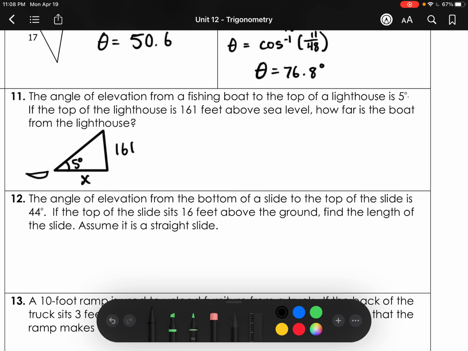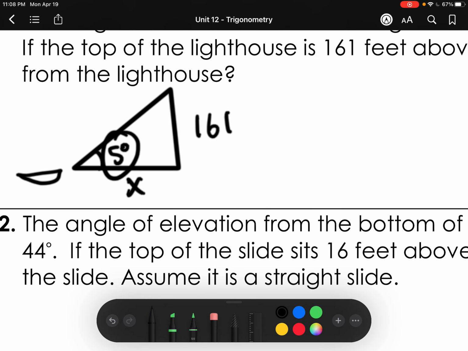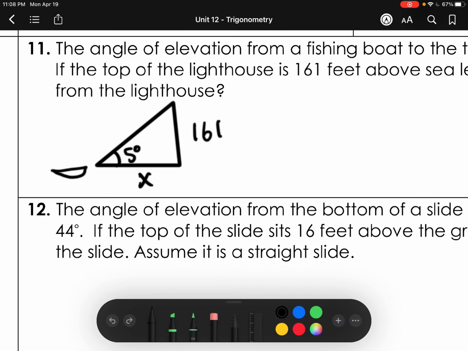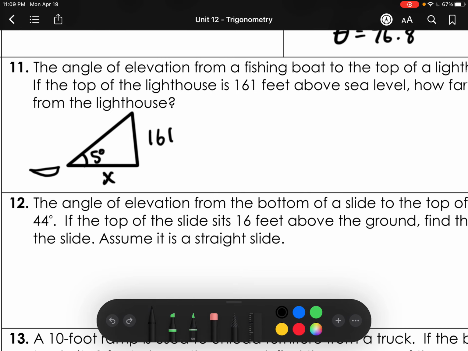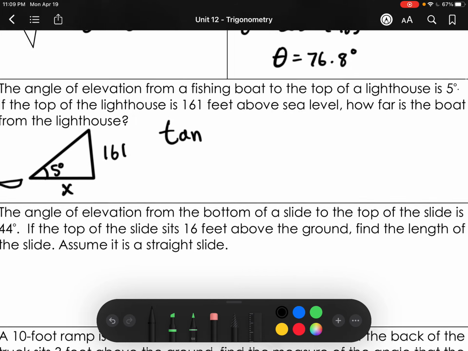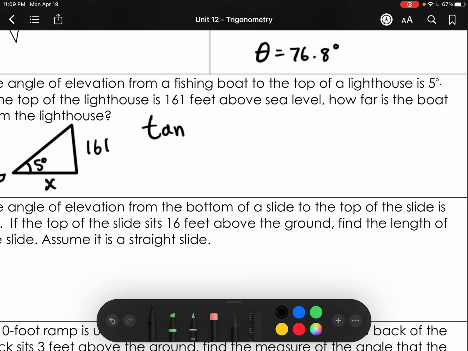Okay. So we're given this angle, and we're given the opposite side, and we're looking for the adjacent side. So we're going to use tangent. So tangent theta, and we know that theta is 5 degrees.